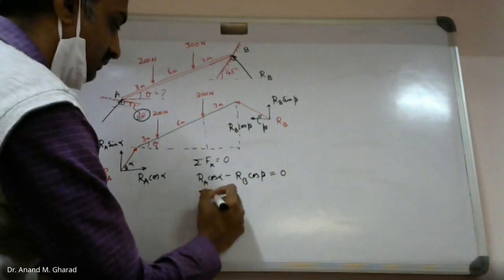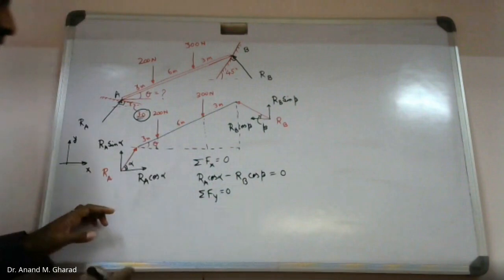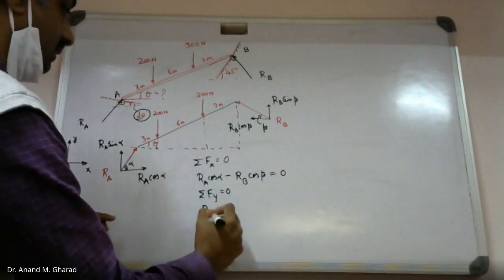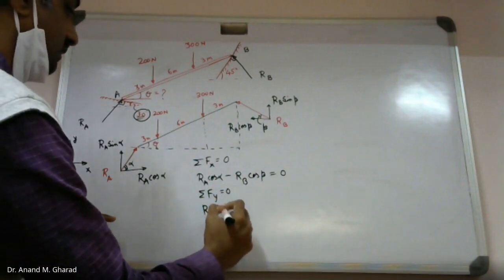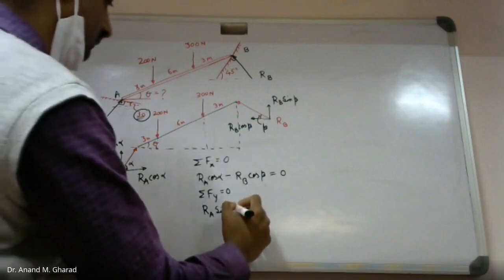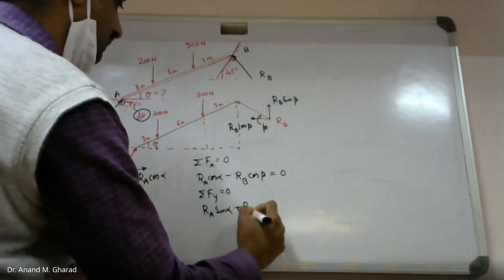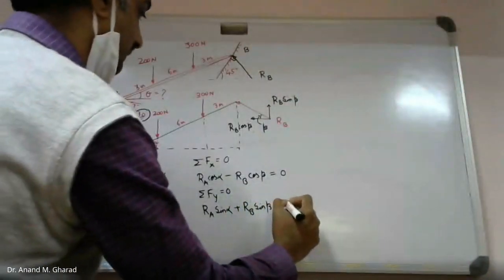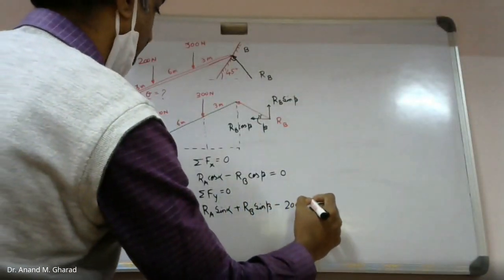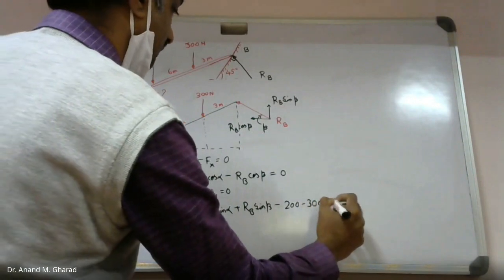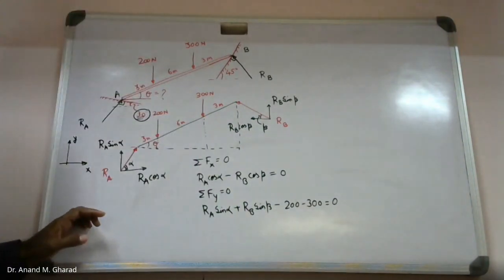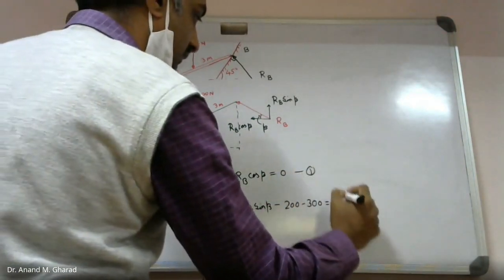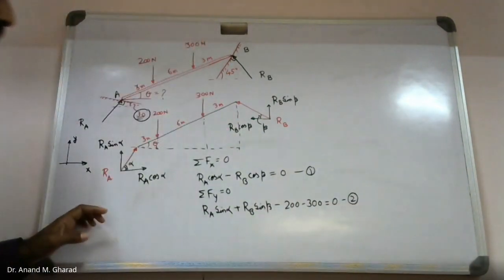Summation of forces in y direction equal to 0. RA sin alpha positive, RB sin beta again positive, minus 200 minus 300 equal to 0. Okay, this is equation number 1. This is equation number 2.